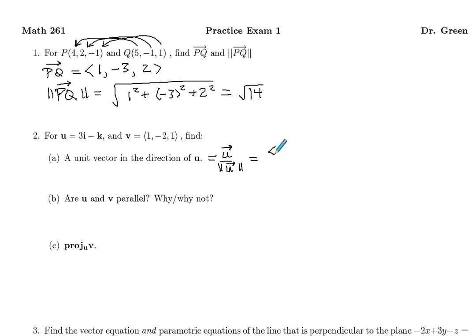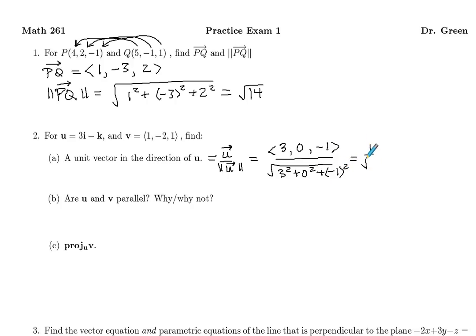So we're going to take our vector u and write it in component notation. That'd be 3 in the x-coordinate, 0 in the y-coordinate, and negative 1 in the z. Then we divide out the length: square root of 3 squared plus 0 squared plus negative 1 squared, so square root of 10 in the denominator.